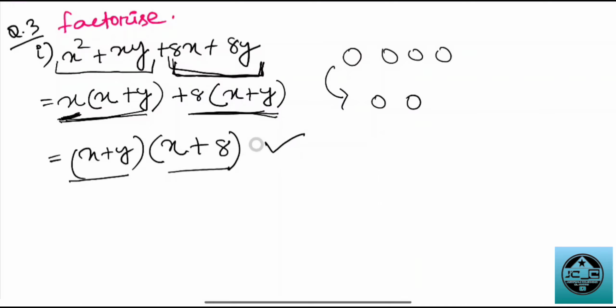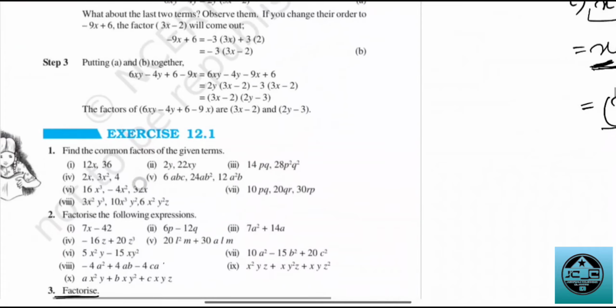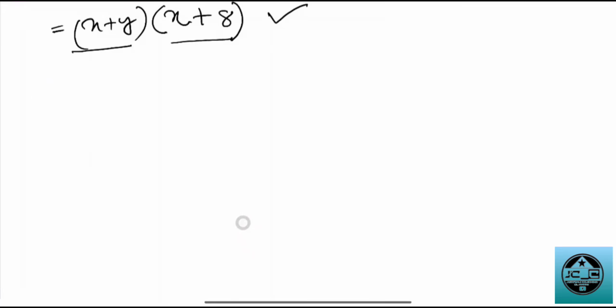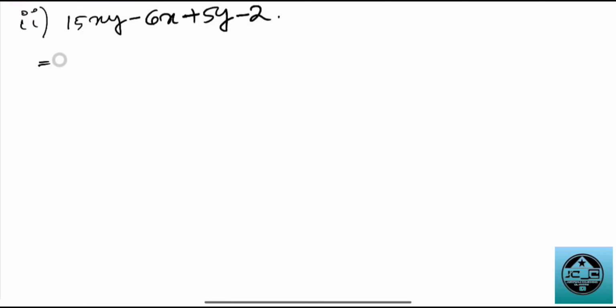Okay. Now let's move to the second one, question number 3, part 2. It is 15xy minus 6x plus 5y minus 2. Now can you make out any common factors between them?